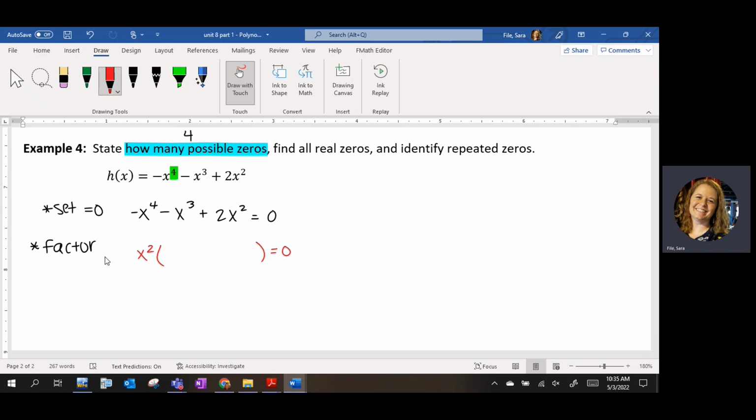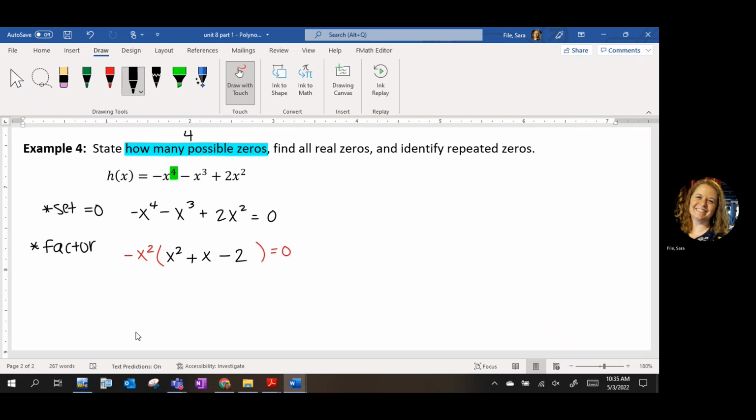By dividing out the negative, right? So instead of just dividing out x squared, I'm going to divide out negative x squared. That's going to change all the signs, so I'm going to be left with positive x squared, positive x, minus 2. If I take each of those and divide out negative x squared, this is what I get.